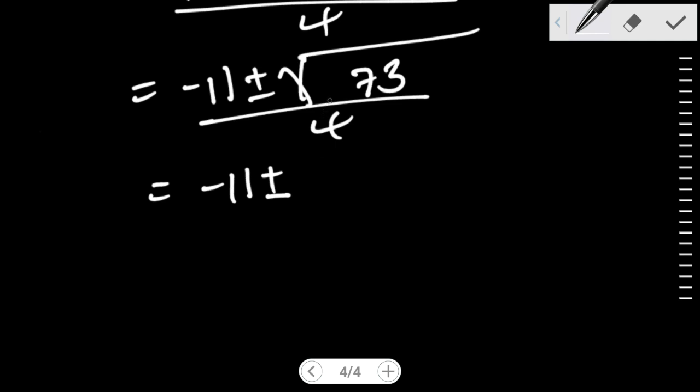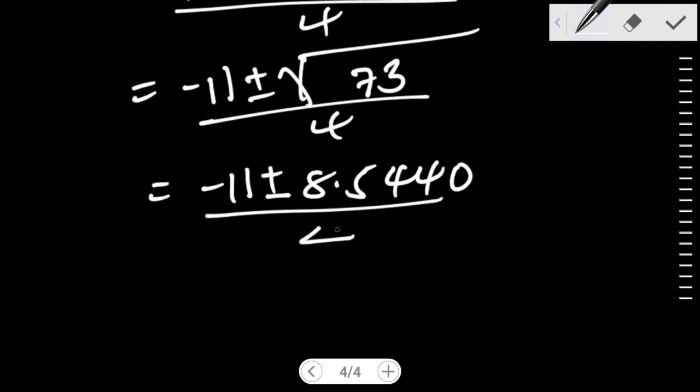Now, let's get the root of 73. It is 8.544, and then all over this would be 4.